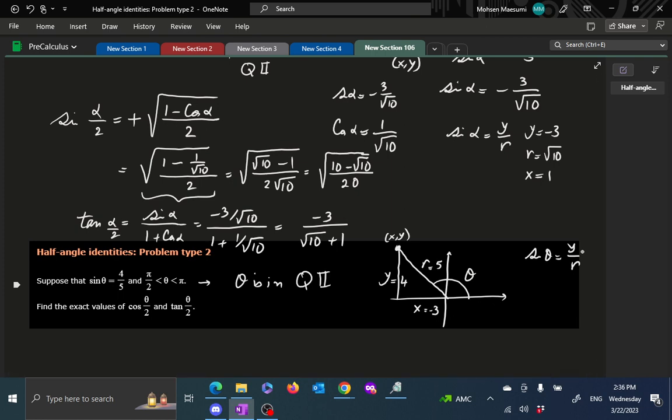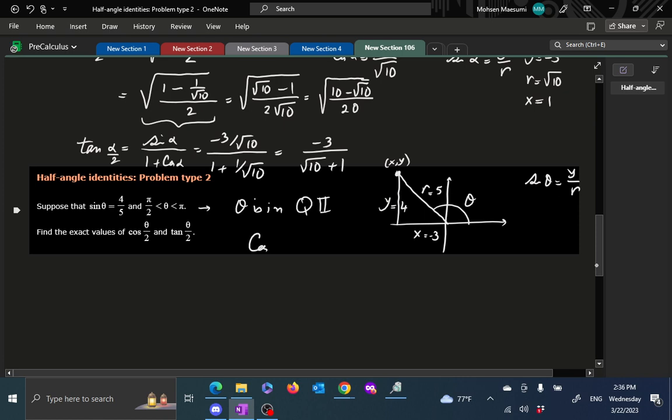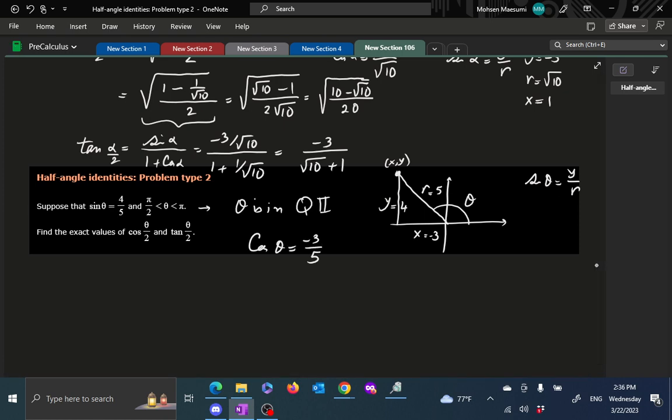And x becomes minus 3. Is that right? Everybody with me there? The triangle is 3, 4, 5, but we're on the left side, so x is minus 3. So what does that give me? It gives me that cosine of theta is minus 3/5.